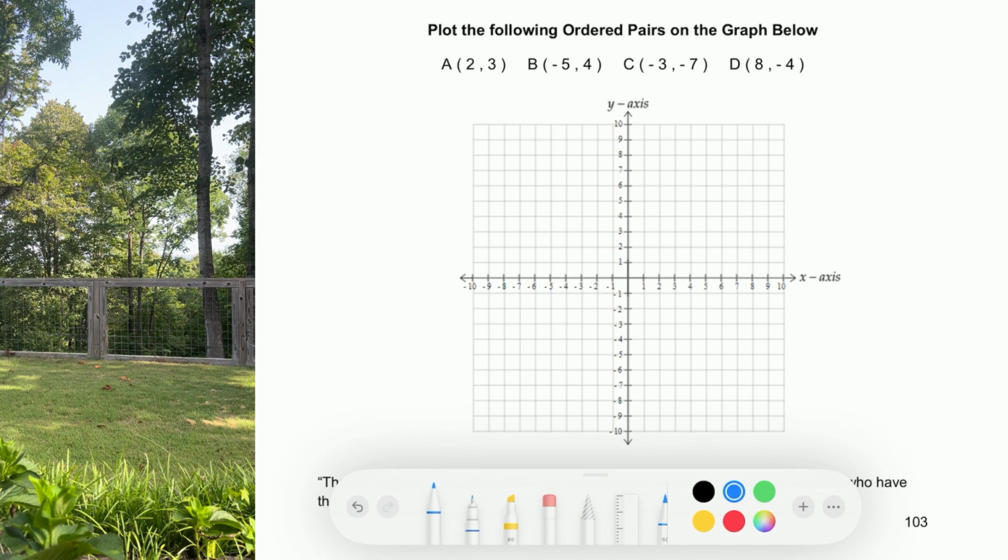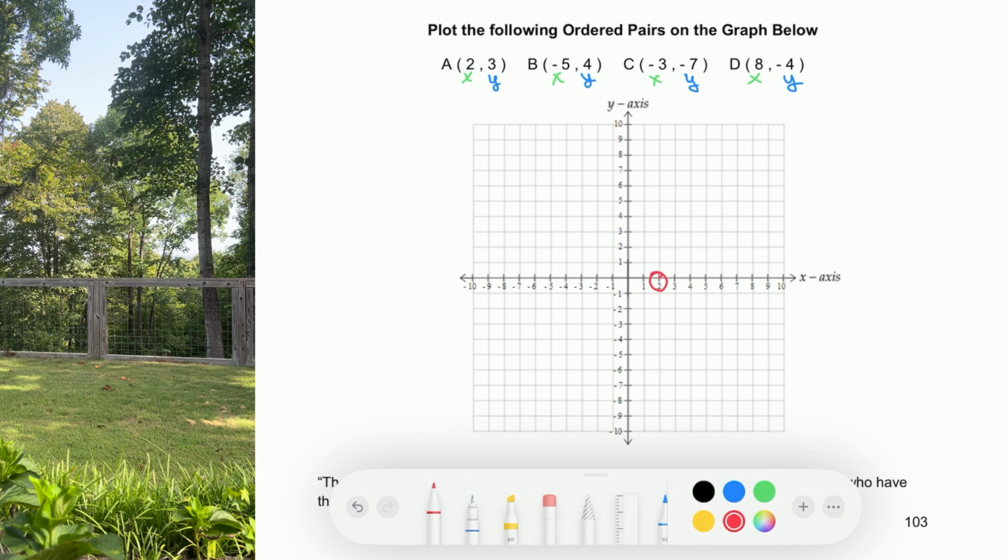So I'm going to label them X, Y, X, Y, okay? So I'm going to label all my X's just to help me remember which represents which. All right, I'm going to pick a different color for us plotting them. For letter A, we have the coordinate 2, 3. So I'm going to locate 2 on my x-axis first. That's right here.